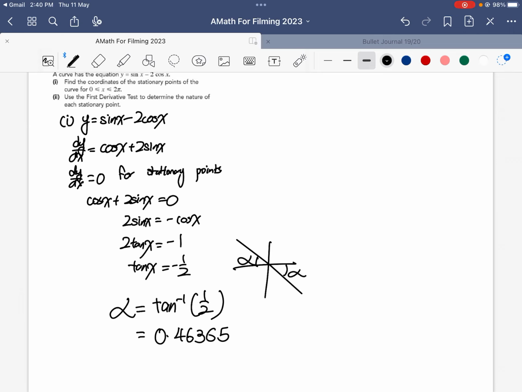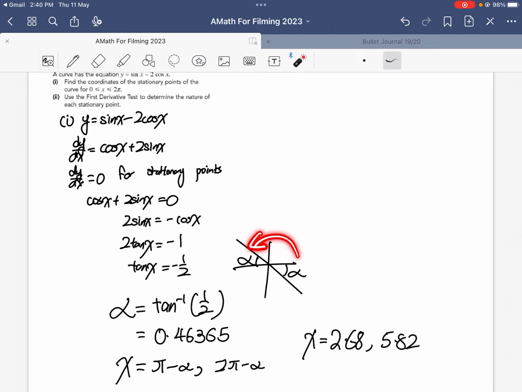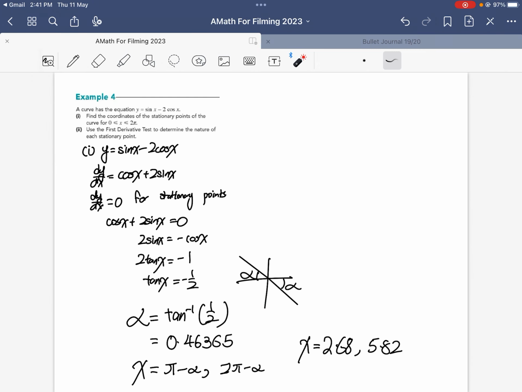Then, since I know that it's in my second quadrant and my fourth quadrant, my angle x equals pi minus alpha and 2 pi minus alpha. So my x values in this case give me 2.68 and 5.82. Now I have the two values of x.